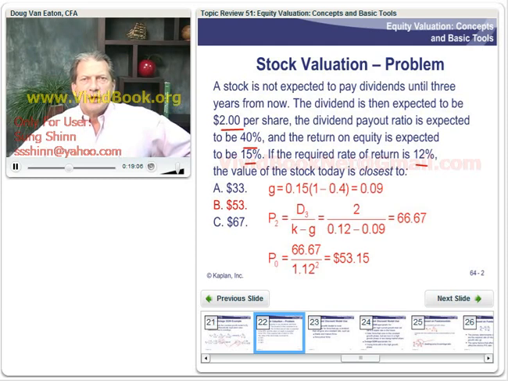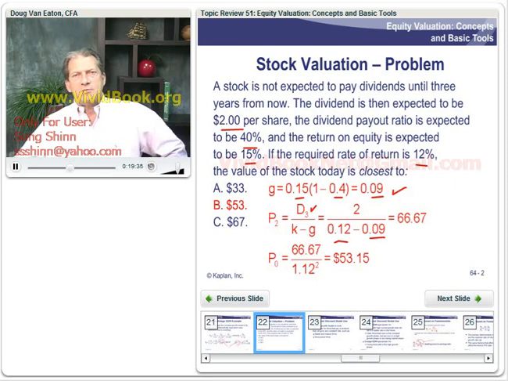So first we calculate G, right? We've got the ROE times 1 minus the payout ratio, so we've got a 9% growth rate. Our dividends is not expected to pay dividends until 3 years from now. So our first dividend is D3, coming 3 years from now. If that dividend is expected to grow at this 9% forever after that, our K minus G is 12% minus 9%.